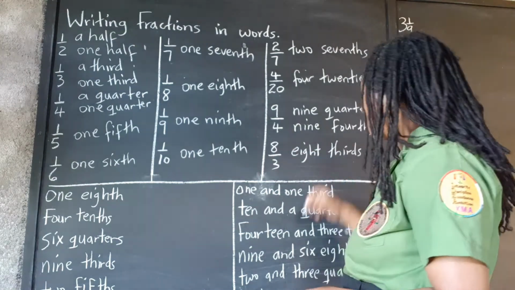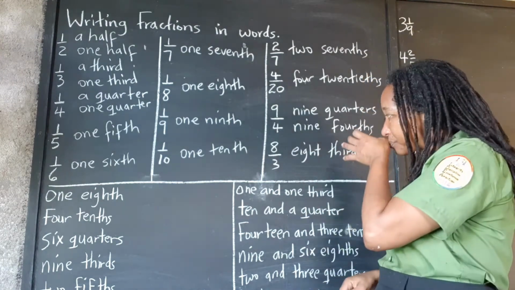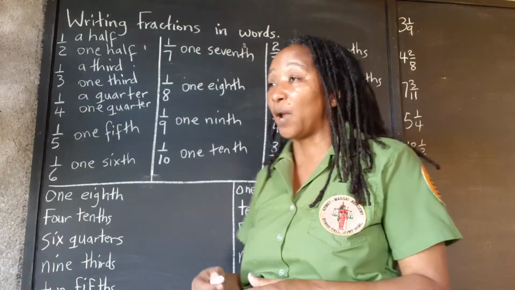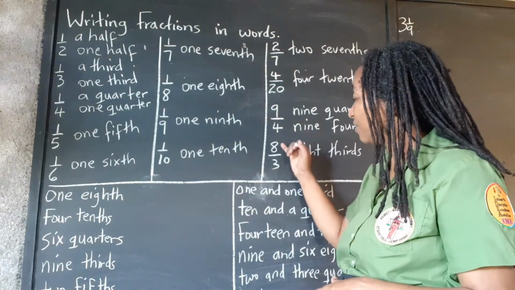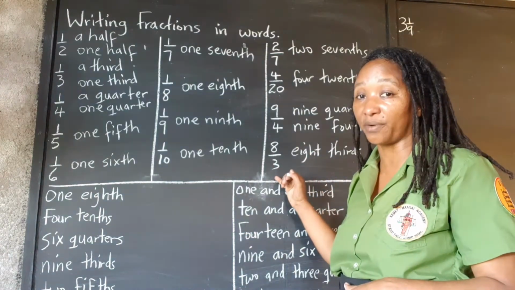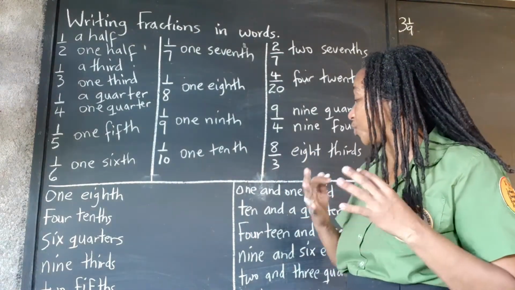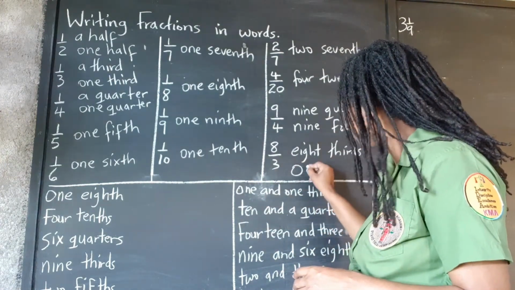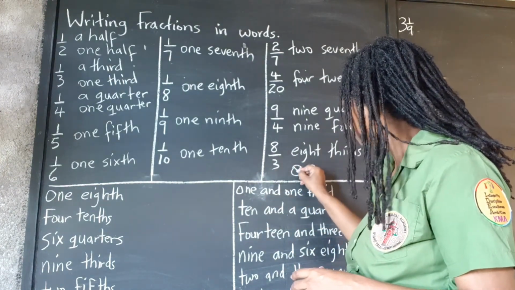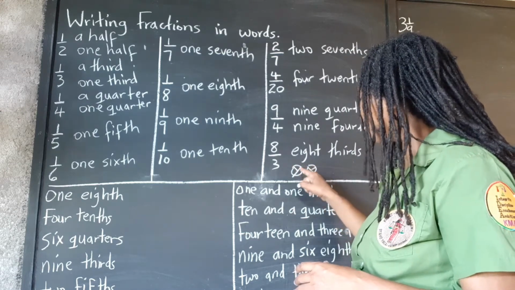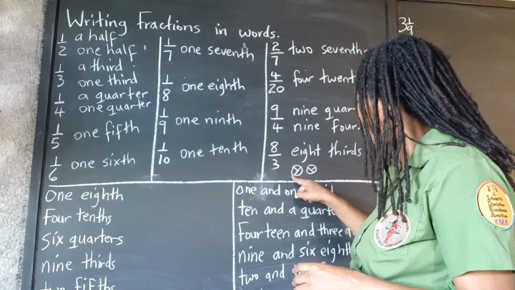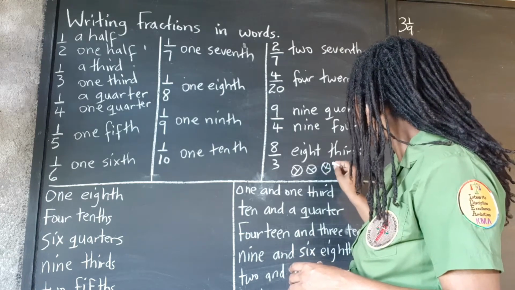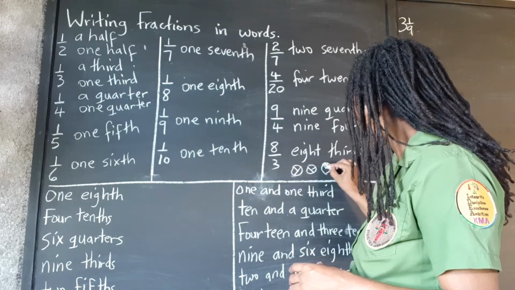8 parts. So it's like we're cutting the whole into 3 parts, and this would give us a mixed number, right? We have 2 groups of 3 parts. That's 1, 2, 3, 4, 5, 6 thirds, and then we will get 2 more thirds out of 1 whole.